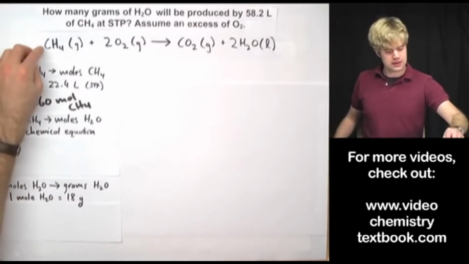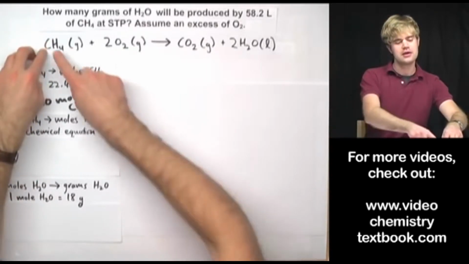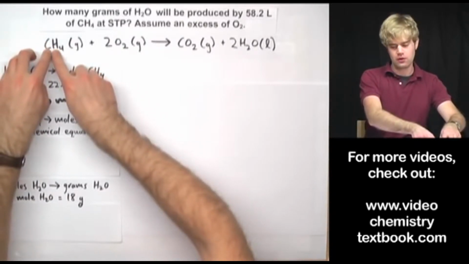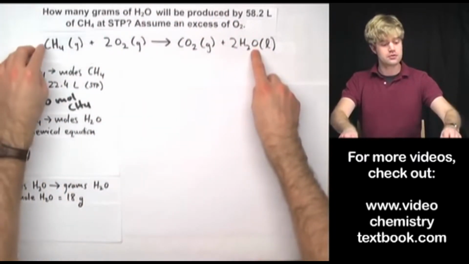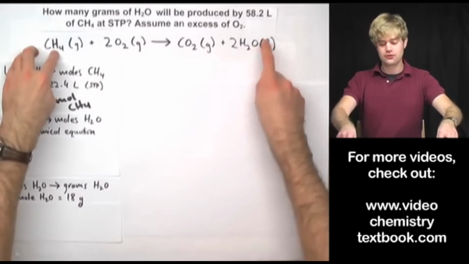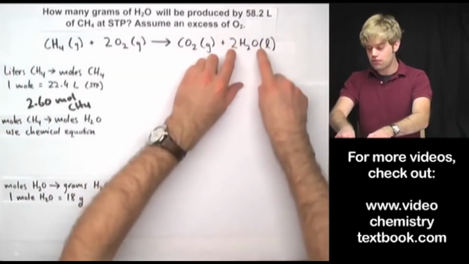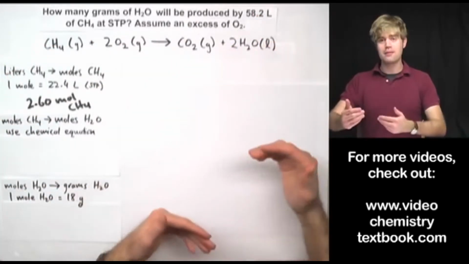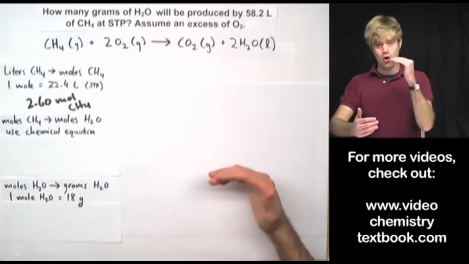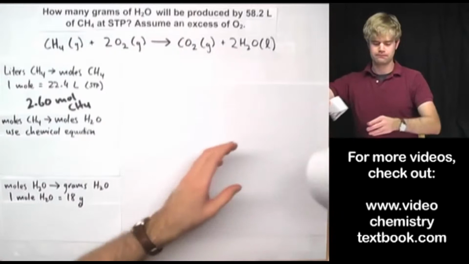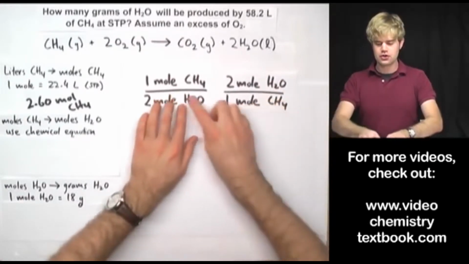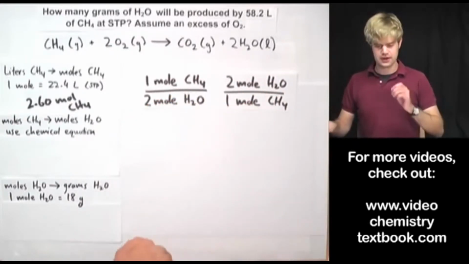So this means that I have 1 CH4 molecule gives me 2 H2O molecules, or I can think of this in terms of moles. 1 mole of CH4 gives me 2 moles of H2O. I want to make a conversion factor of that, where I show 1 mole of CH4 gives me 2 moles of H2O. Here are the 2 possible conversion factors that I can use.